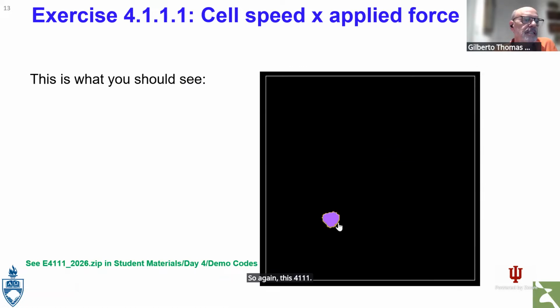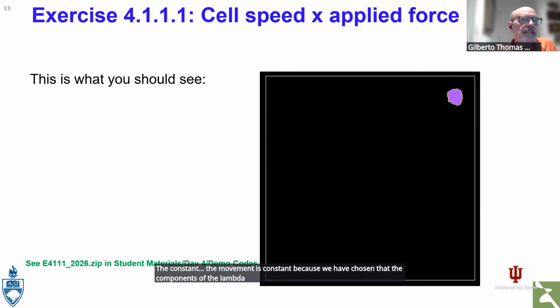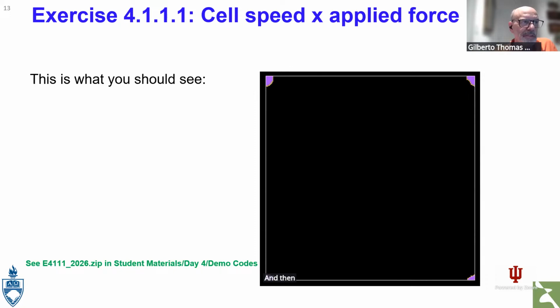Okay, see, the cell is moving on a diagonal of the grid in a constant movement. The movement is constant because we have chosen that the components of the lambda vector are constants.